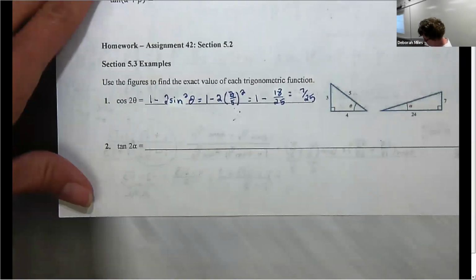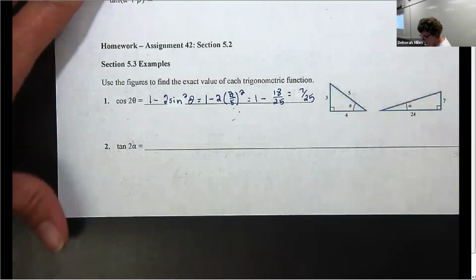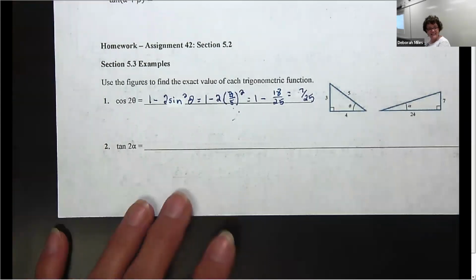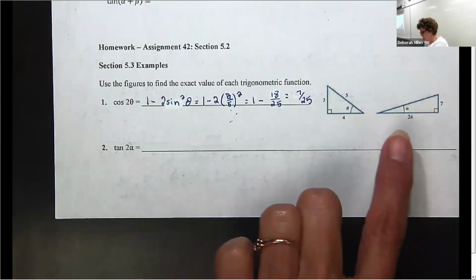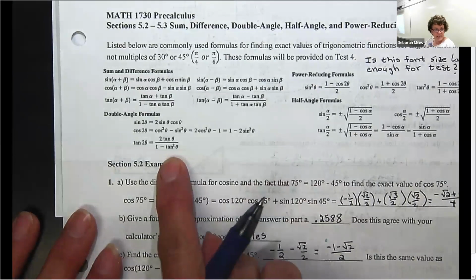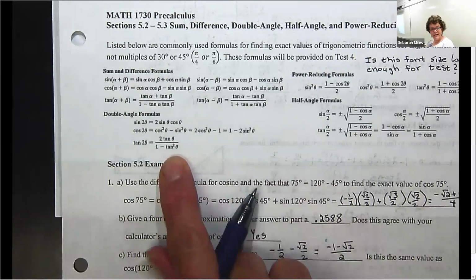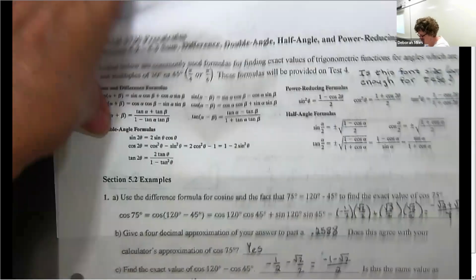All right. The second one is the tangent of 2 alpha. So we're going to be using the other triangle, and the formula for tangent 2 alpha is 2 tangent alpha over 1 minus tangent squared alpha.